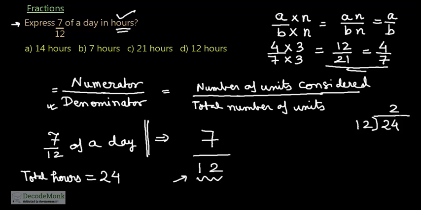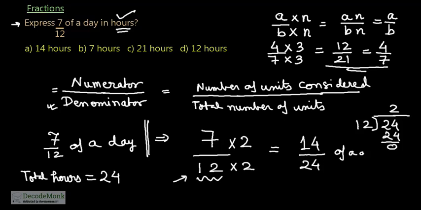So we can clearly see 12 twos are 24. So we can multiply this by 2. 12 twos are 24, and if we are multiplying the denominator by 2, we also need to multiply the numerator by 2. So 12 twos are 24 and 7 twos are 14. So 14 by 24 of a day is the same as 7 by 12 of a day.